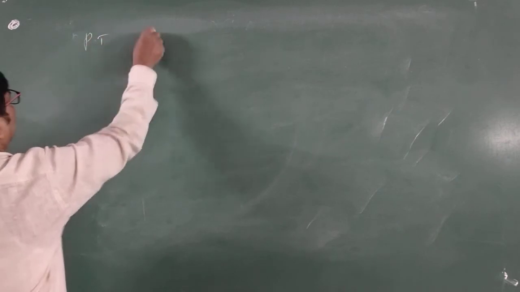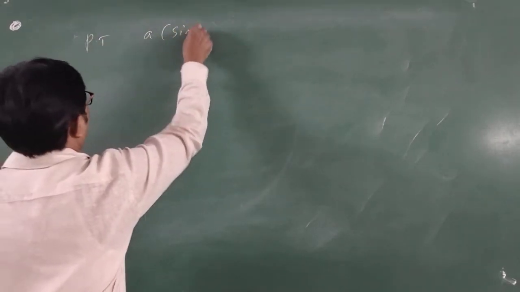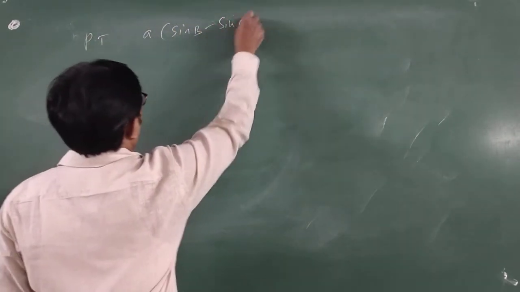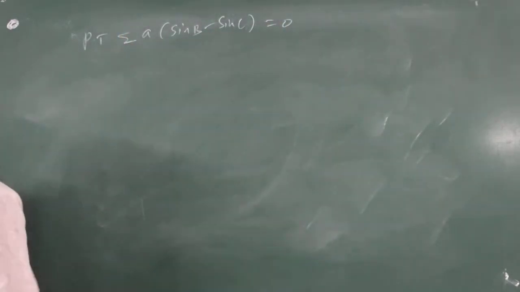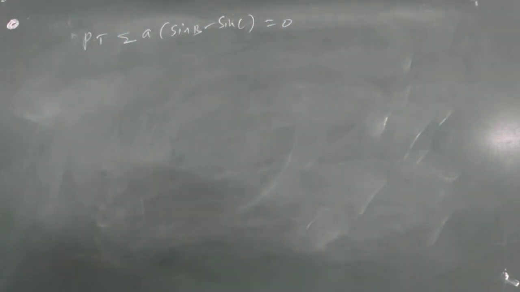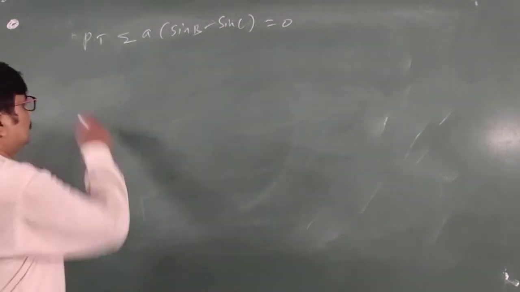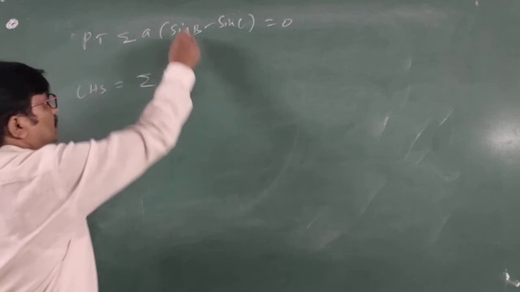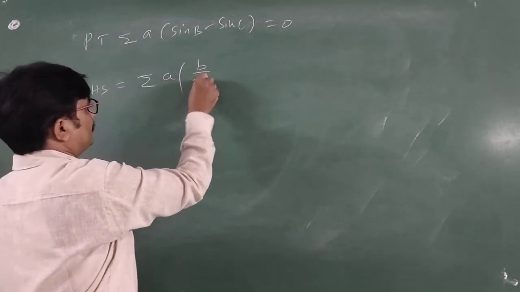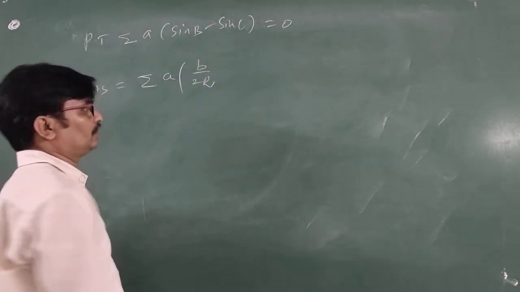Now students, prove that sigma a into (sin B minus sin C) is 0. So dear students, the left hand side has sigma. Sin B is nothing but, from the sine rule, b by 2R.